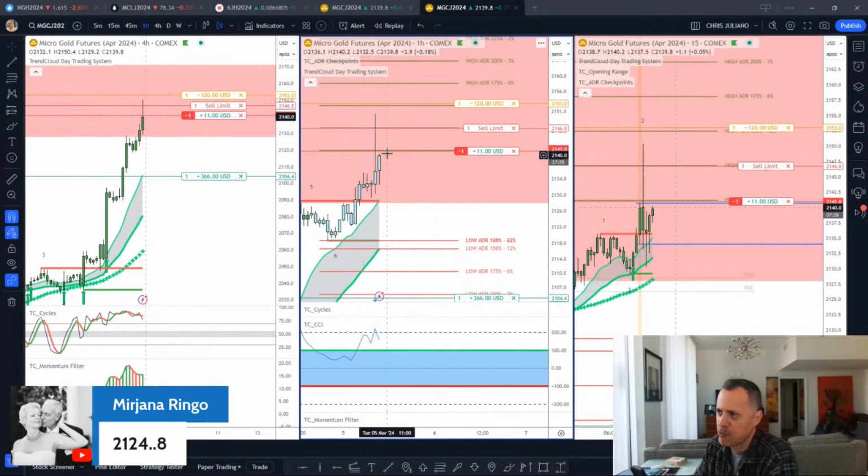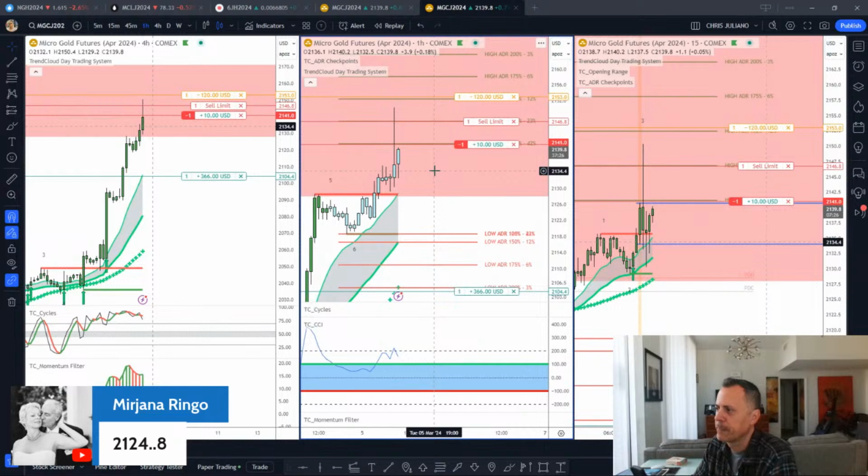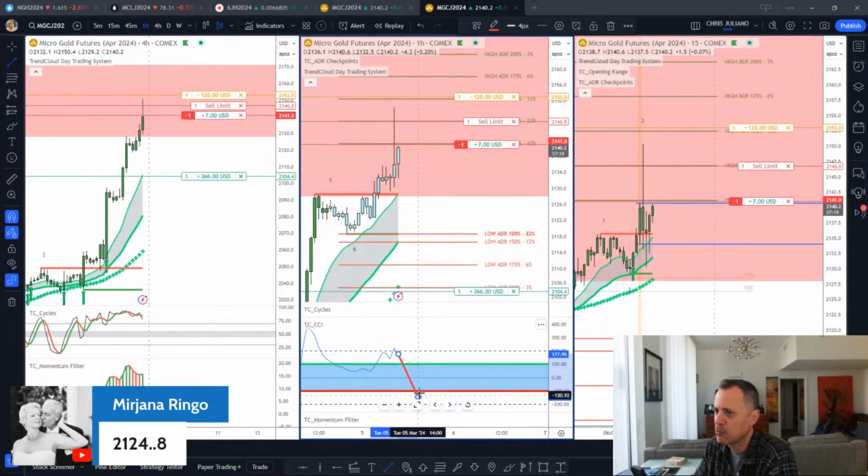Otherwise, if this was early in the trend, what would we have to wait for? We'd have to wait for the CCI indicator to break below negative 100. And then we can start looking for those supply zones wherever they are, on that lower time frame. Simple, right? So that's what we're hoping to see.